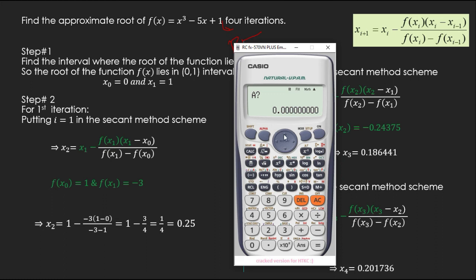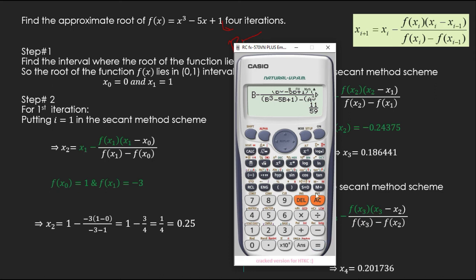Sorry, if you make a mistake, then you can press the equal button. So the value of b is 0.25 and the value of a is 1.